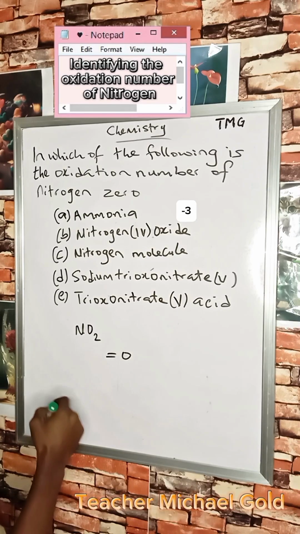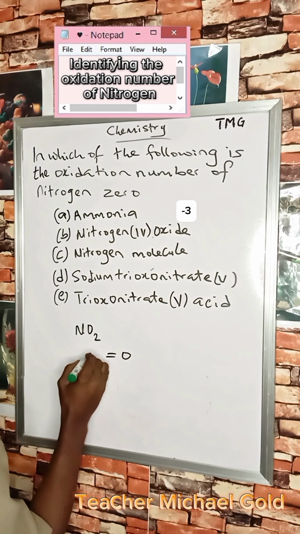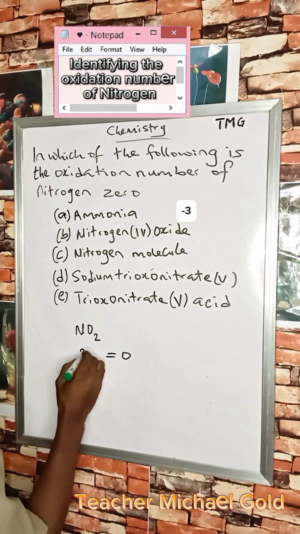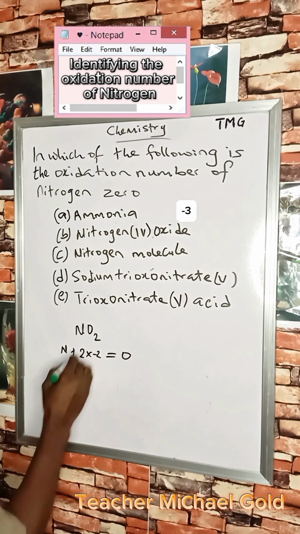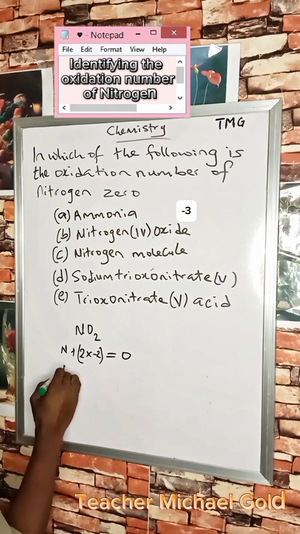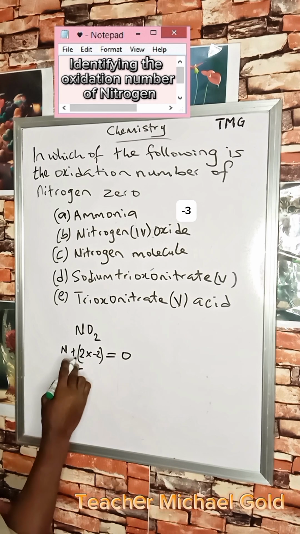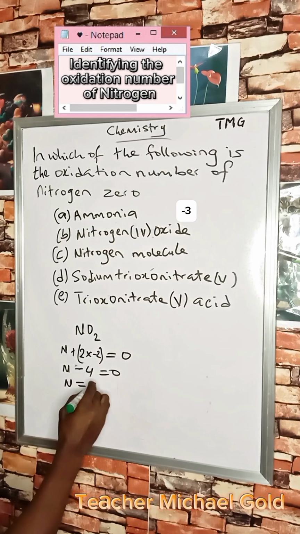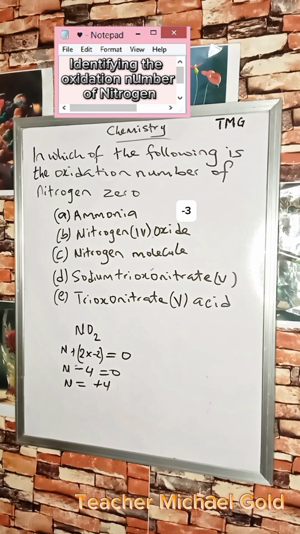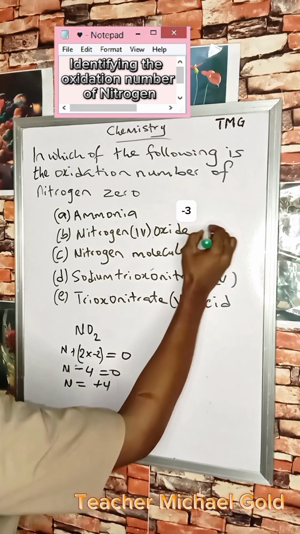So this is 2 times -2, and you have N - 4, which is equal to 0. So N will be equal to +4.